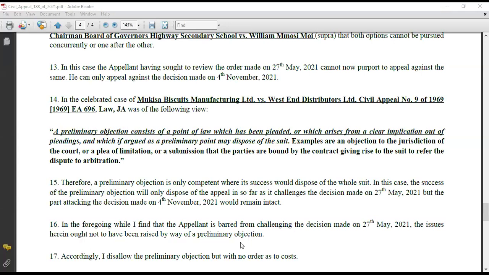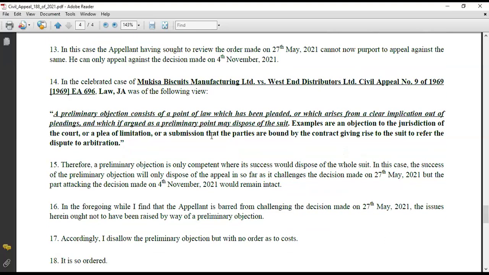So 27 May 2021 was the review. So he could not challenge the review, only the appeal on the decision that was made by the magistrate on 4th May 2021.